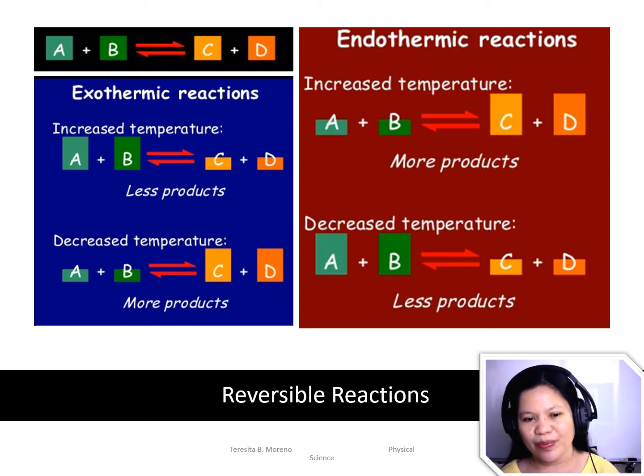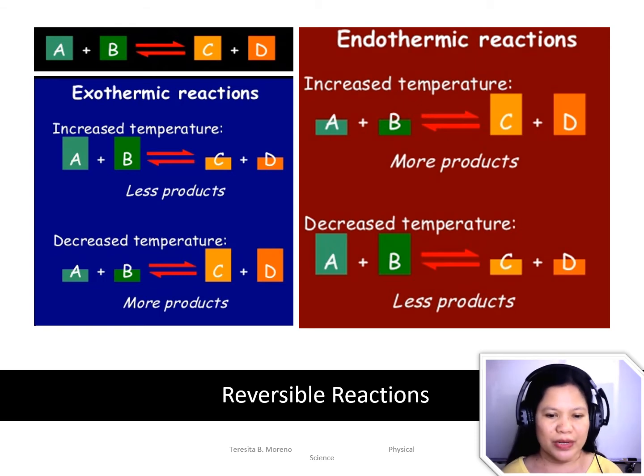So as you can see, it is a reverse of endothermic and exothermic. Okay, here in exothermic, increased temperature, less product, decreased temperature, more product. But here in endothermic, increasing the temperature, more product is produced.